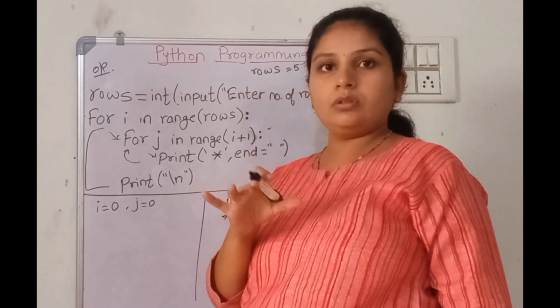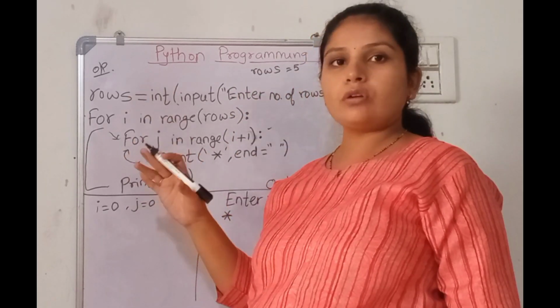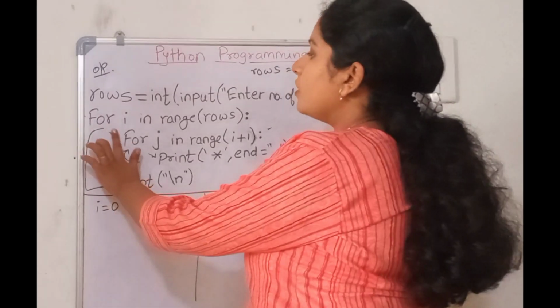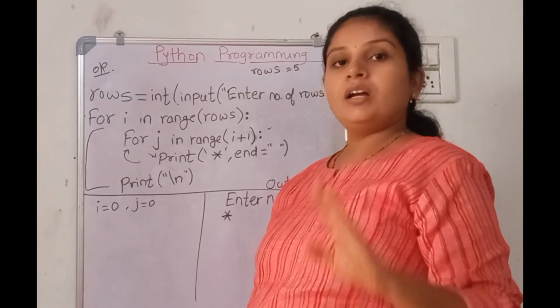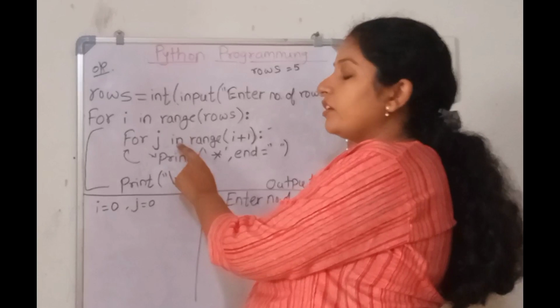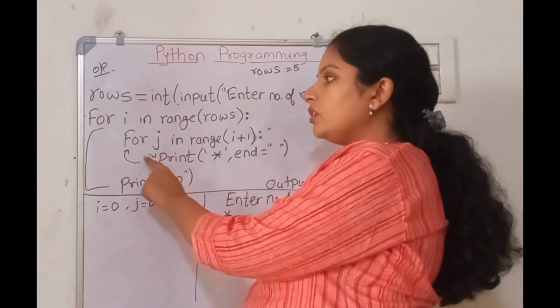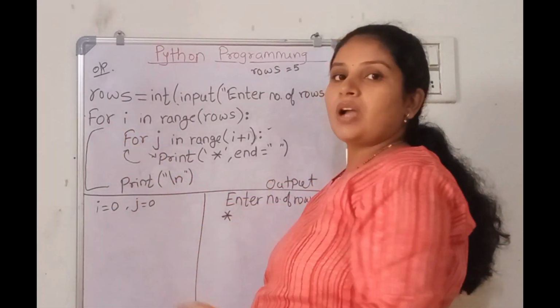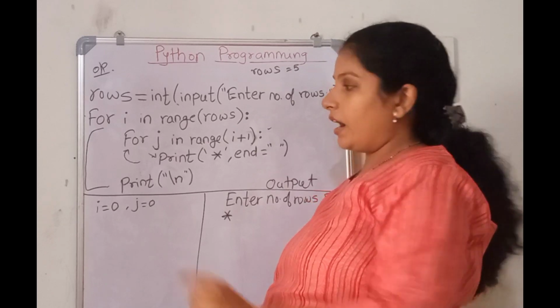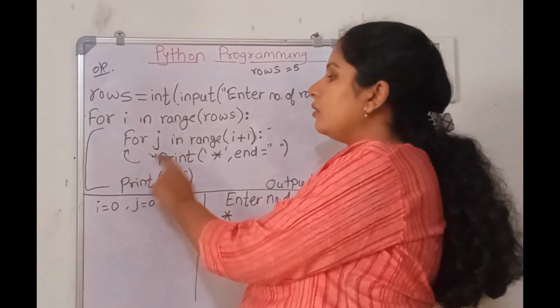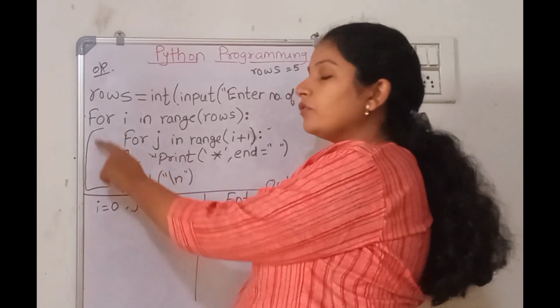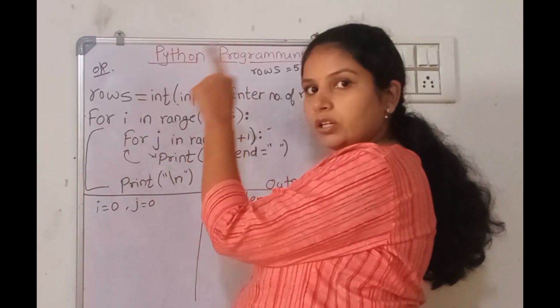Another rule while using nested for loop is, first you solve the inner for loop completely. When this condition is false, then only the pointer goes to the outer for loop and the inner for loop value will be reset. Here after printing this, we are not going to the outer i for loop.